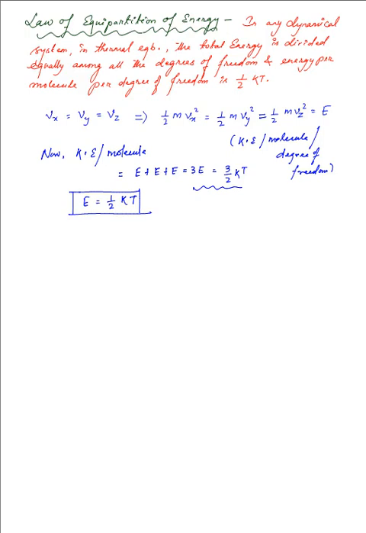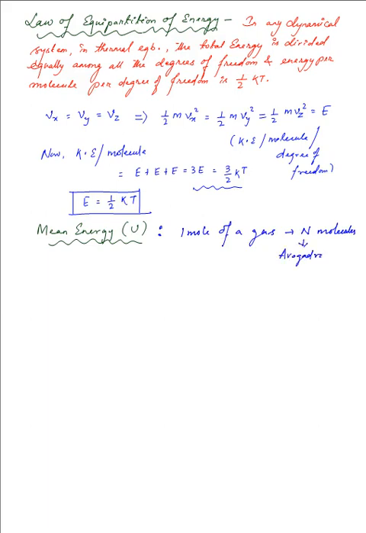Now, if we wish to obtain the mean energy, usually represented by U, suppose we are considering 1 mole of gas and it contains N molecules, where N is obviously the Avogadro's number, with n being the degrees of freedom.